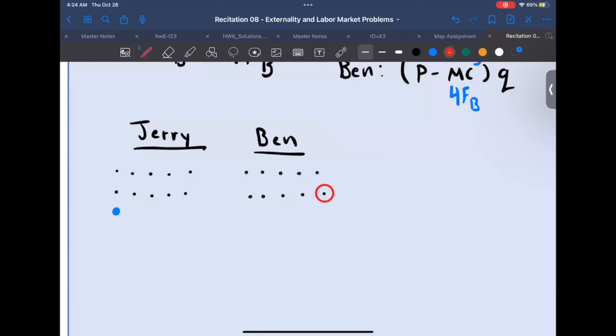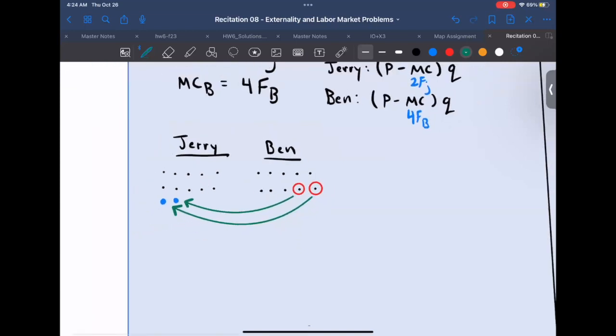So basically what's going to happen is that Ben says, okay, well, you're right, Jerry. Your 11th pound of fish is going to make you happier than this 10th pound of fish is going to make me. And then we keep repeating this process, where it may be the case that Jerry's 12th pound of fish is more valuable to him than Ben's 9th pound of fish, and that one is traded over as well.